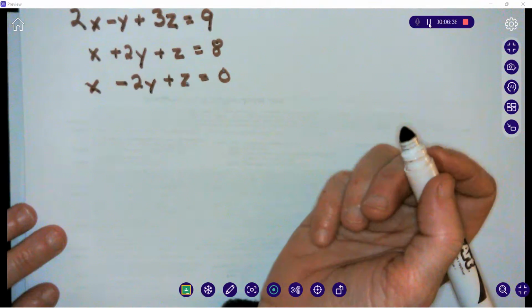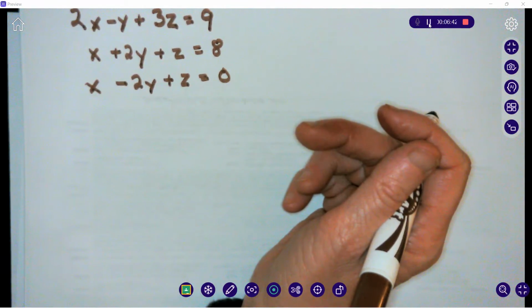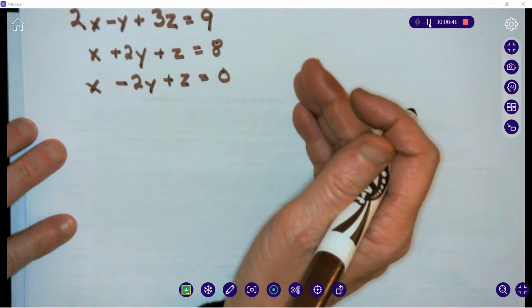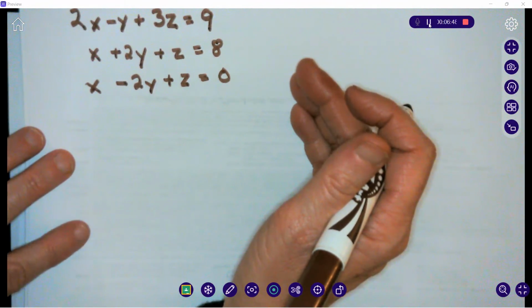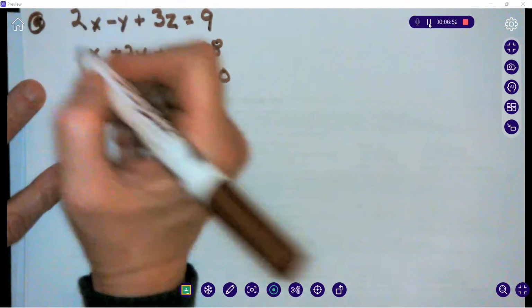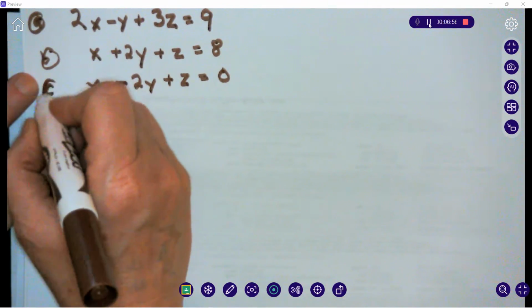In this case, you really can do whichever variable that you would like to eliminate first. I'm going to go with the y, and we're going to say that this is equation A, this is equation B, and this is equation C.